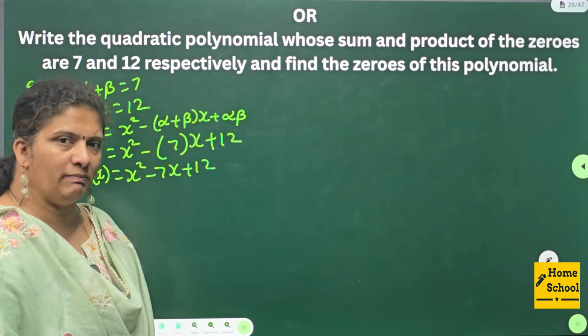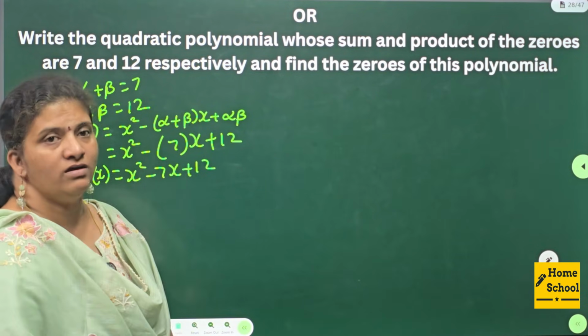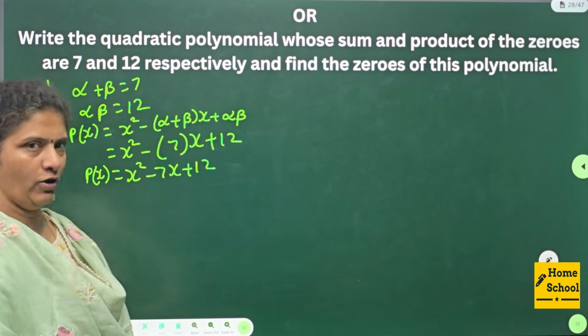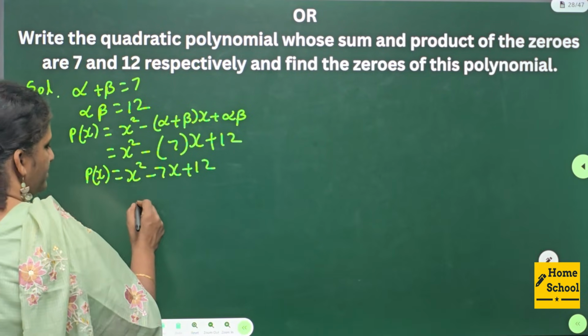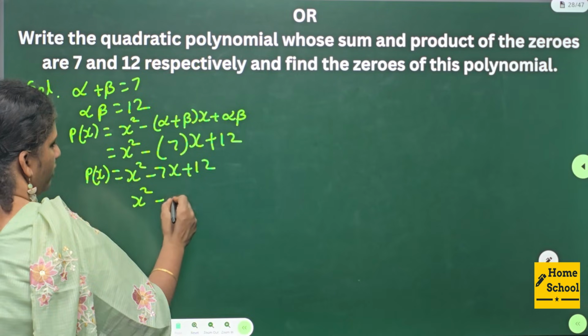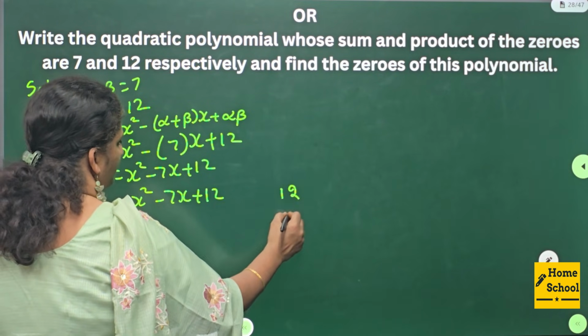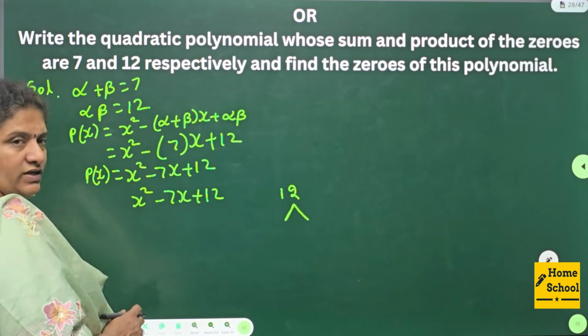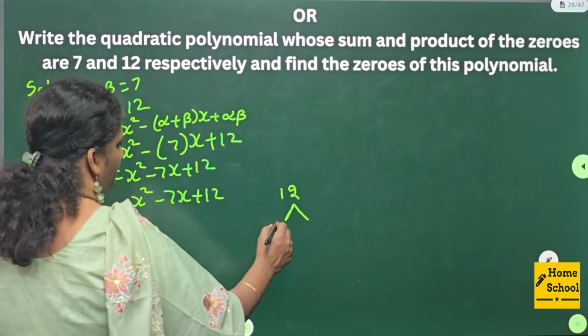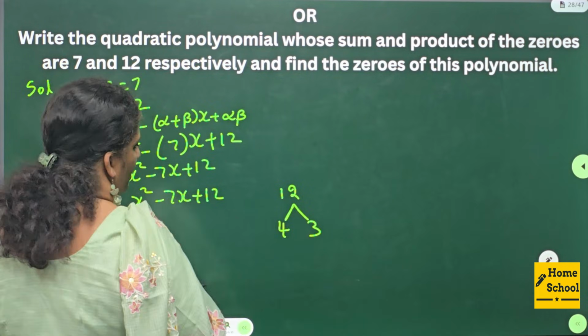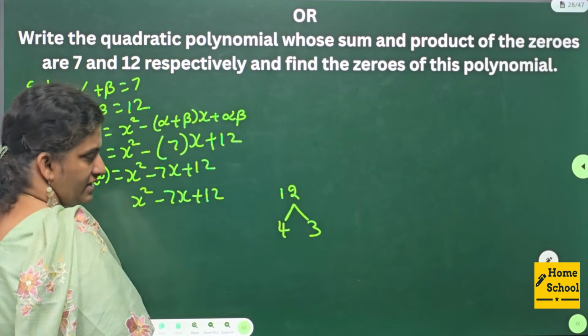Is the problem complete? No, we need to find the zeros also of this polynomial. So find the zeros. Take the polynomial again. 1 into 12, 12. What are the factors for 12 in order to get 7? 4 3s are 12. Do you get minus 7?